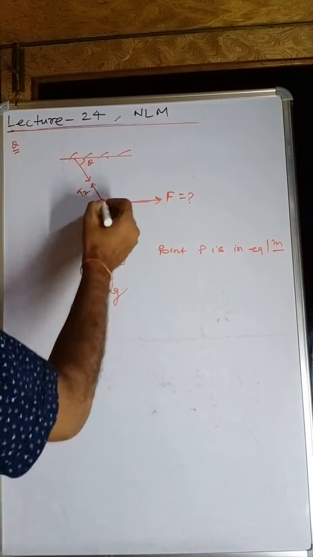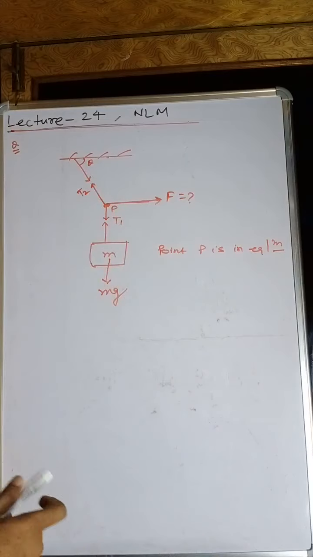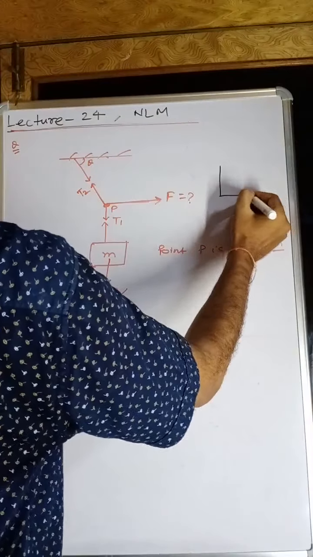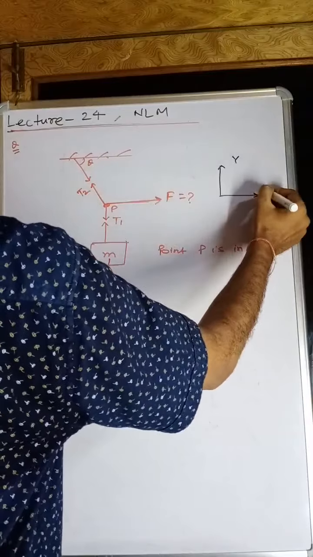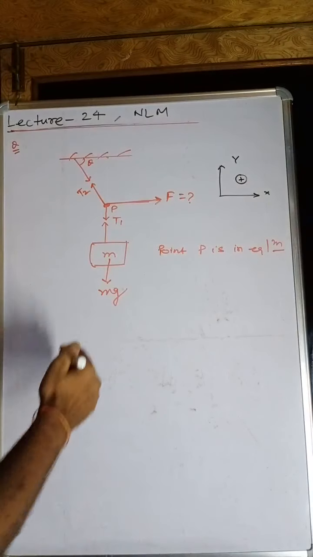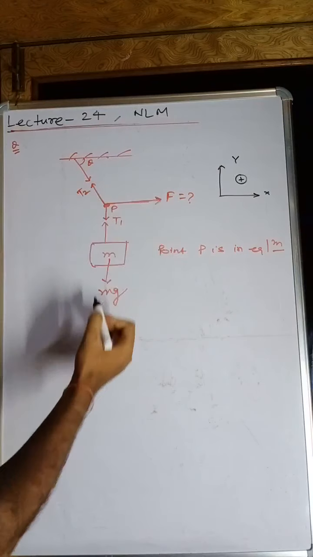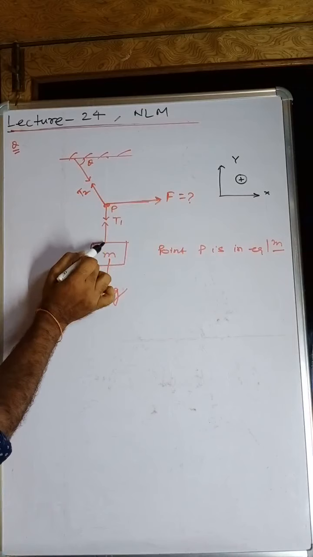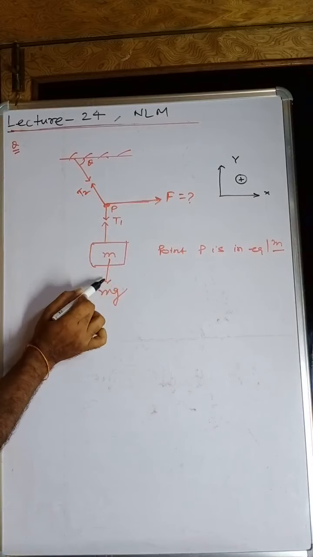Now we will study all the forces one by one along different axes. Suppose this is the y and x axis. As you can see, this force is along the x-axis. This T1 is along the y-axis, and this mg is along the y-axis.